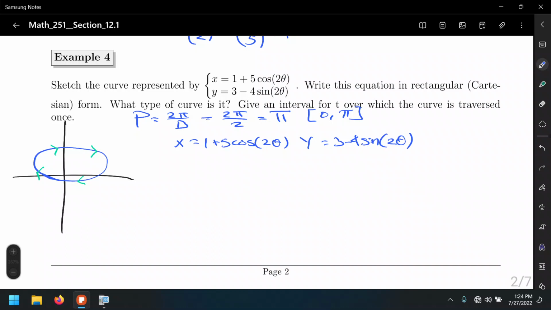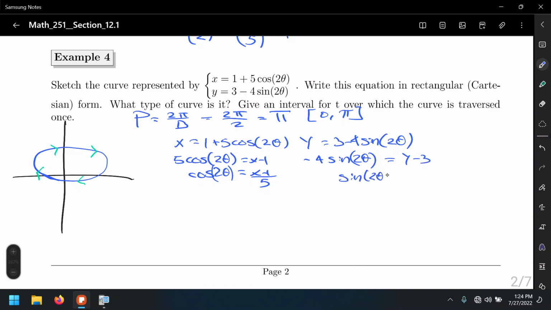And well, we're going to solve for the trigonometric function on each side. So that's going to be 5 cosine 2 theta equals x minus 1, and cosine 2 theta equals x minus 1 over 5. For the y, that's going to be negative 4 sine 2 theta, that equals y minus 3, and sine 2 theta equals y minus 3 over negative 4.